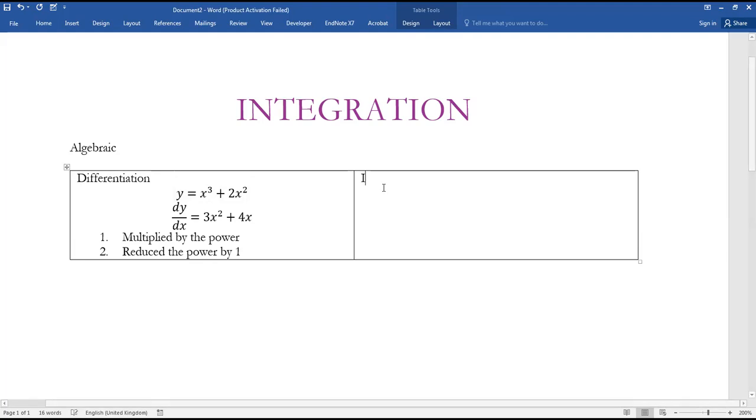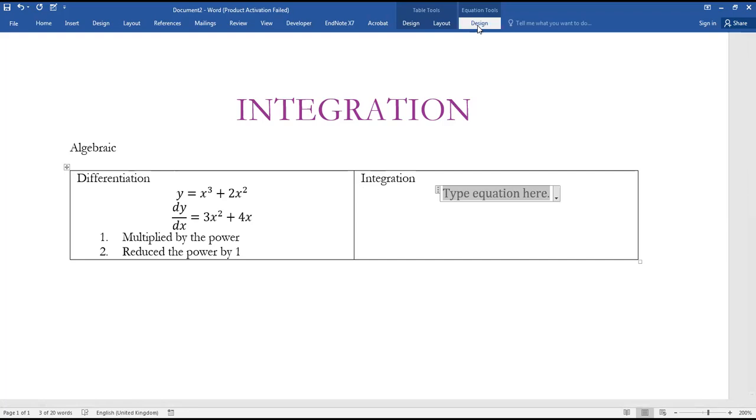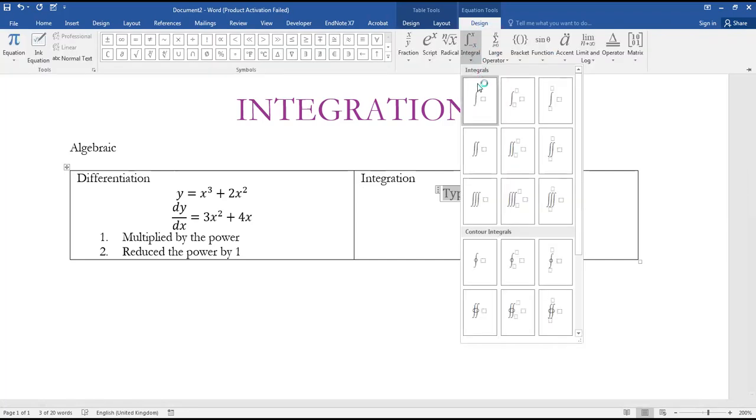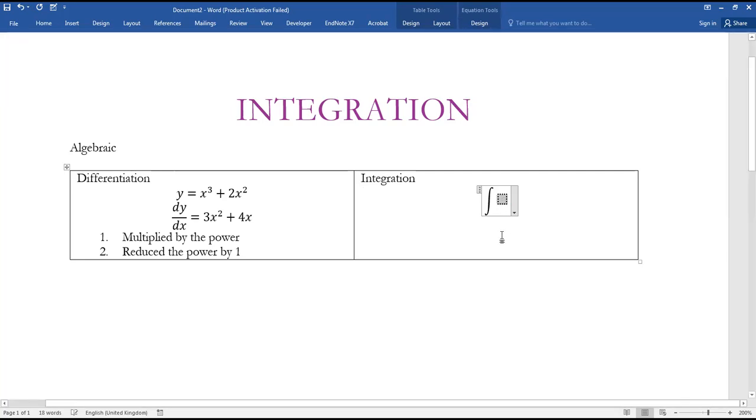Now, what about integration? If I tell you that integration is the reverse process of differentiation, how would you write it down? In differentiation, once we differentiate something, we call it a derivative. But in integration, before integrating, I need to tell you to integrate the same thing, 3x squared plus 4x.